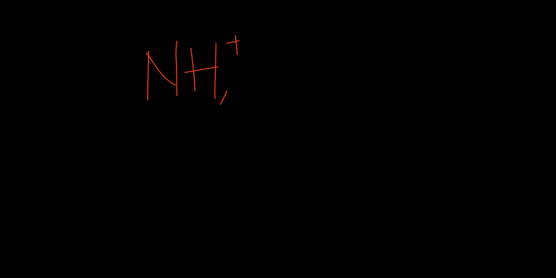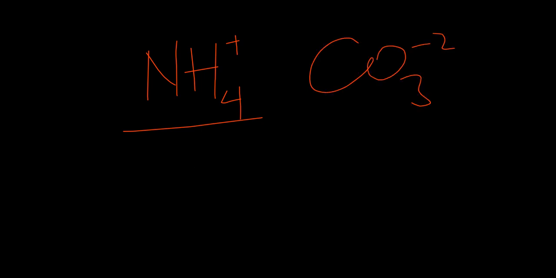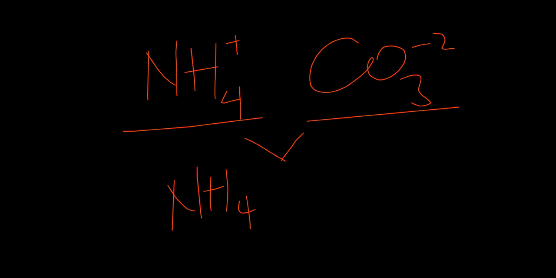This is also a cation, but it's a complex cation that can also be combined with, let's say, CO3 minus 2. Then the two will join together to form NH, all into brackets 2CO3. Well, this sounds a little complex, so we will not really focus on these kinds of compounds.